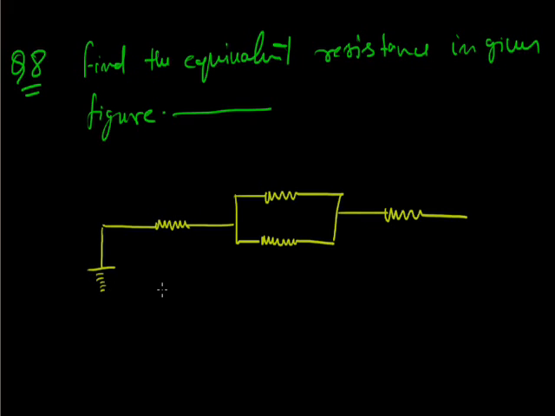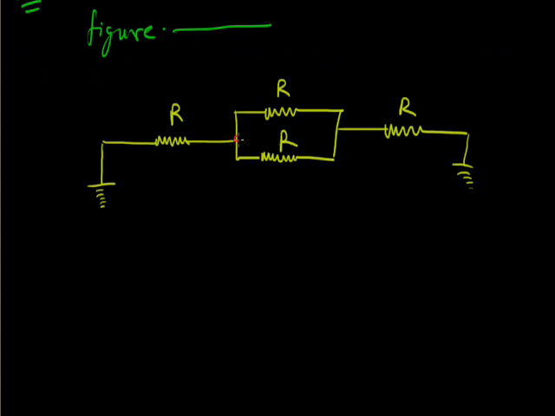This point is earth, it is also earth, then the value of resistance is R and R. This is P point and this is Q point. We have to find the equivalent resistance between P and Q, because these 2 points are common, goes to the earth.